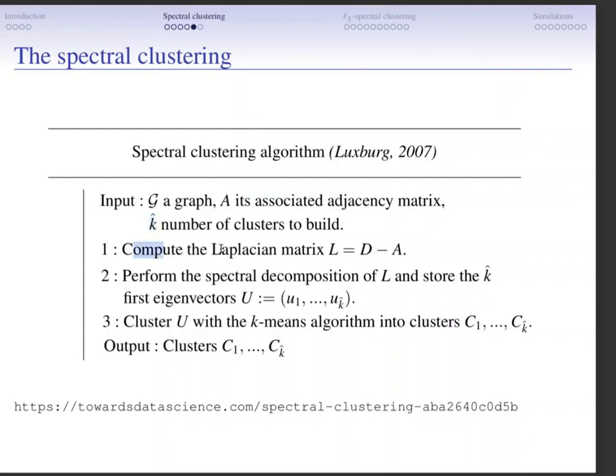First you compute the Laplacian matrix, defined as the difference between D and A. You do your spectral decomposition of L, and you store the eigenvectors associated to the k smallest eigenvalues. And you do a k-means just to recombine these eigenvectors and find the structure of the graph.